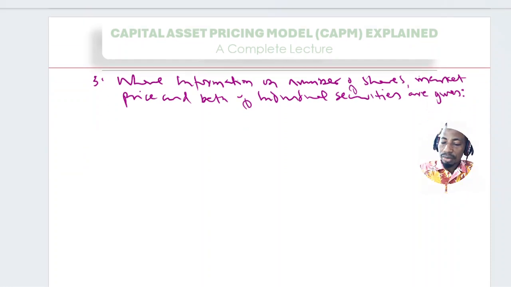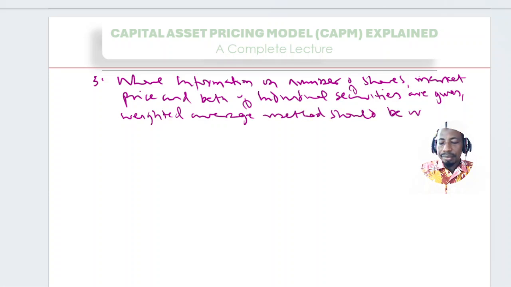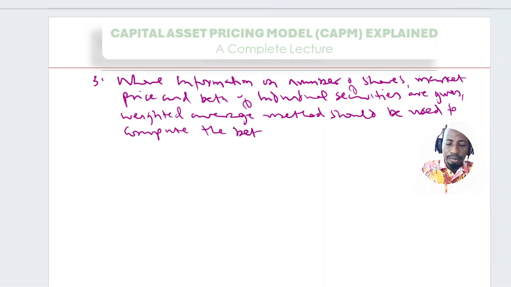The weighted average method should be used to compute the beta value as shown below.